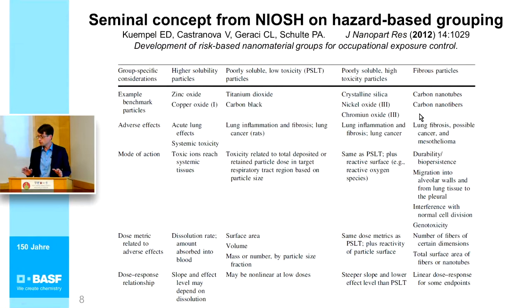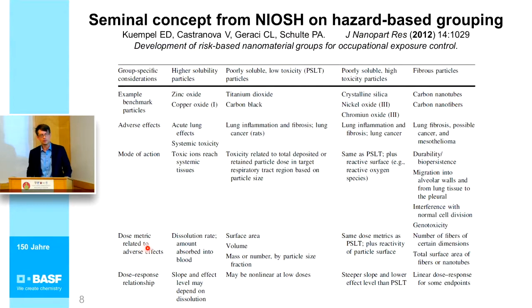And they introduced some very important concepts which we took and further developed for our grouping schemes. They introduced the importance of benchmark materials to differentiate the mode of action which will guide the assessment for these different groups. You will assess a soluble material differently from a fibrous material.